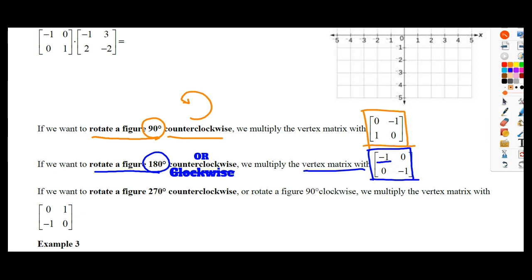Notice that it's -x, -y. For this one, the x and y switch places, and the x value is negated. If we want to rotate a figure 270 degrees counterclockwise, or rotate the figure 90 degrees clockwise, we multiply the vertex matrix with this.